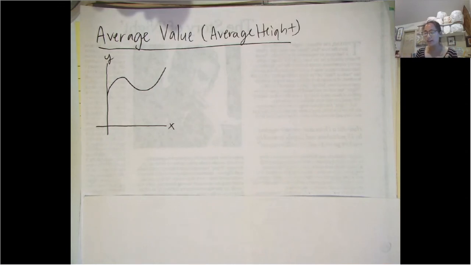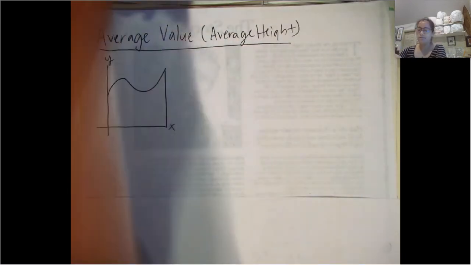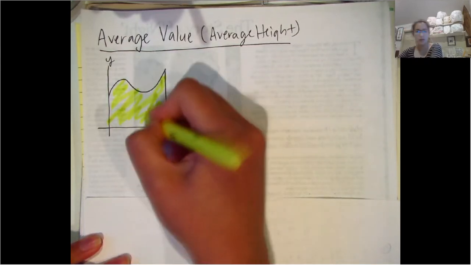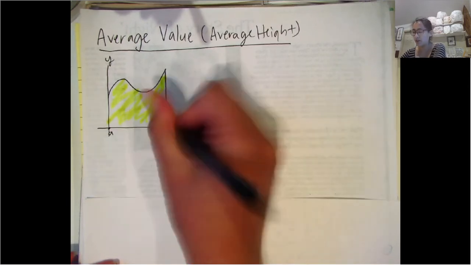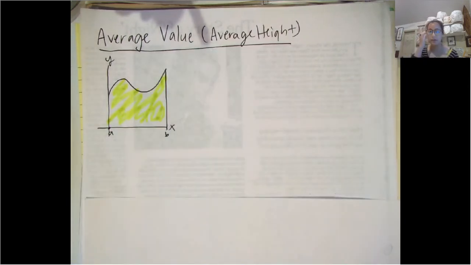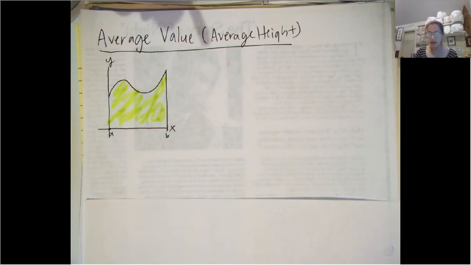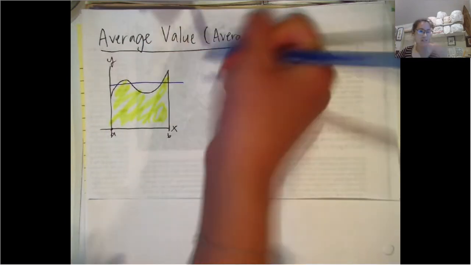The way you find this is you find the area underneath the curve, whatever that may be, and then you divide it by the length of the curve, meaning from the starting point, we're going to call this A, and we're going to call this B. So you want to take the area divided by the length from A to B, and that would be your average height. And so the average height will end up being somewhere reasonably like in the middle.